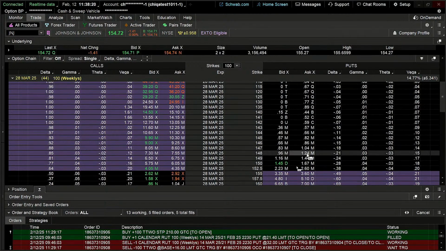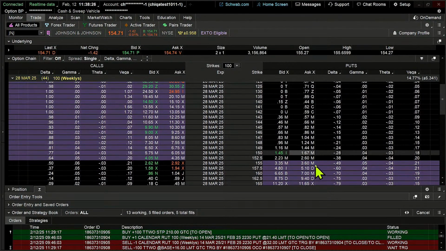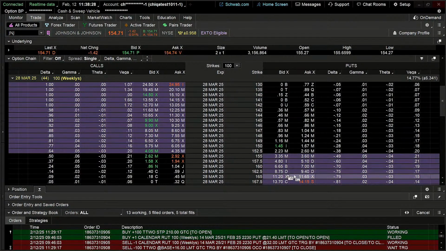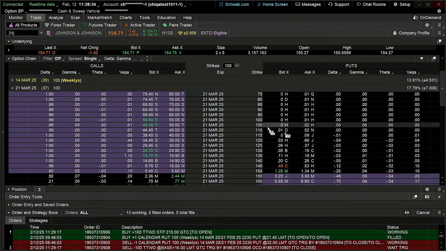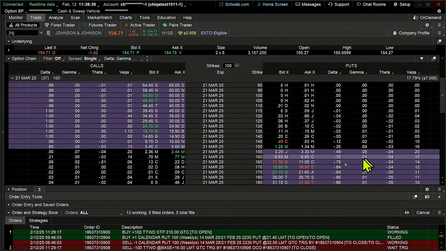Maybe just a little bit wider, but that gives us a little more granularity in those option choices. And I'm going to look down here a little bit because I want to be looking at an in the money. That's a bit wider. So let's go to the 21 March once again. We're going to go to about the 70-cent delta, in this case, the 160 strike. And we're going to look at buying this to take advantage of that downward movement.